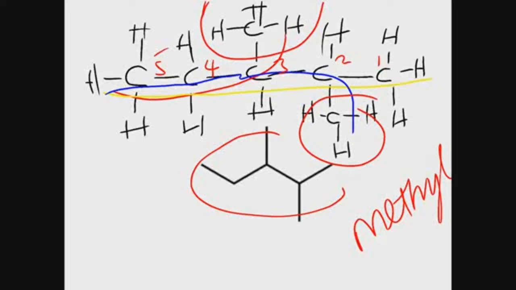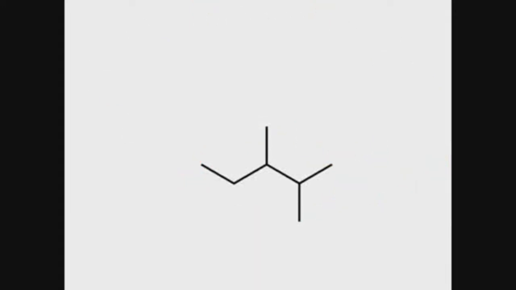Now we are through with figuring out the carbon number of which the functional group is attached. It is 1, 2, 3.